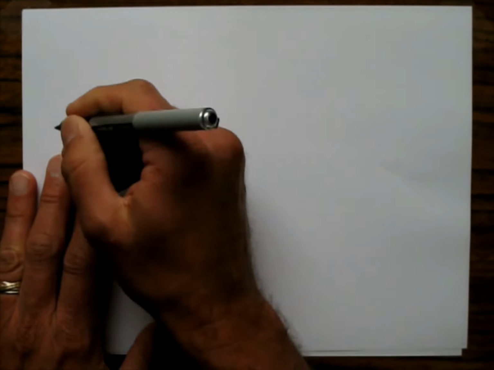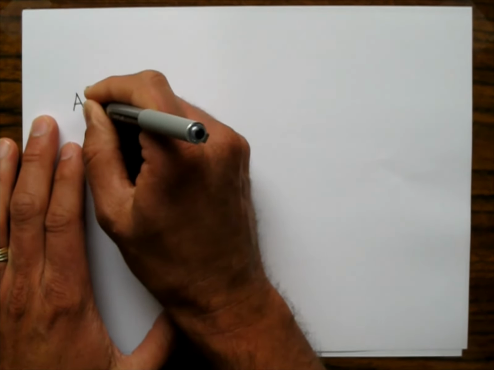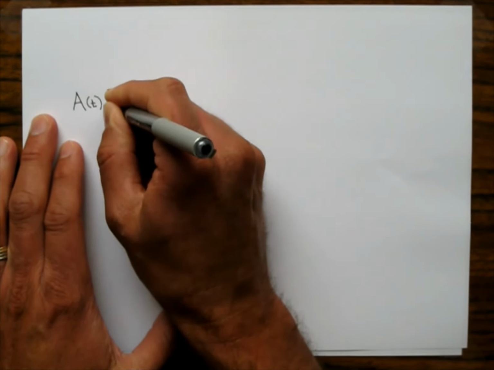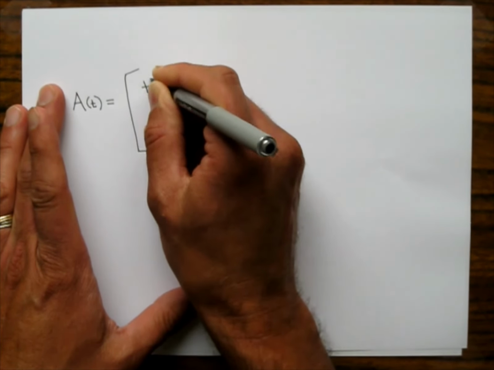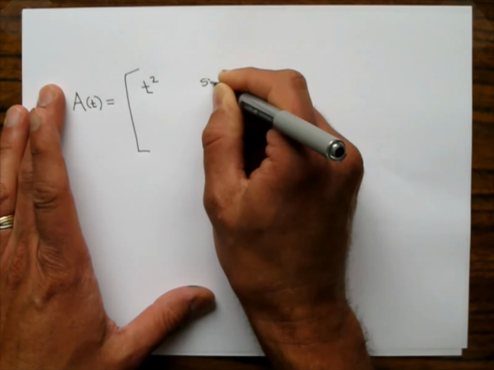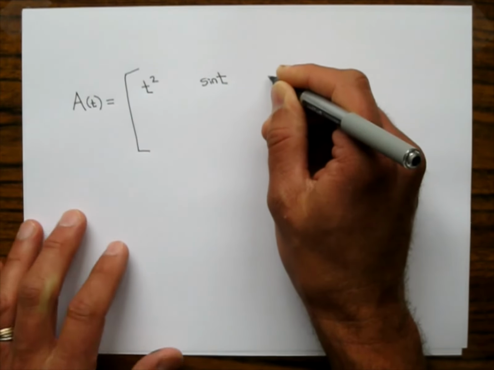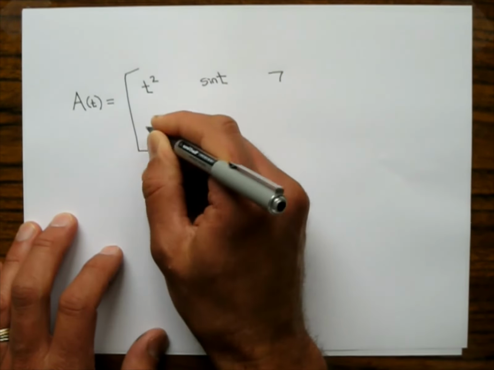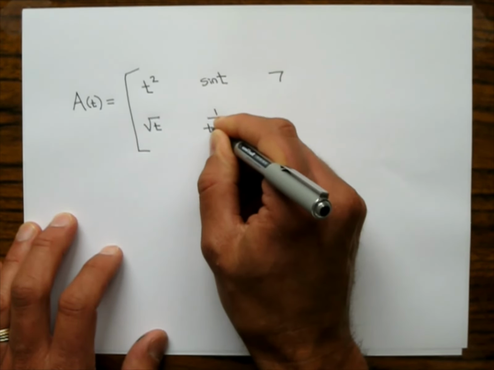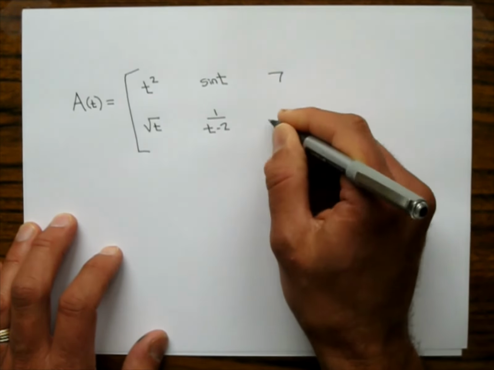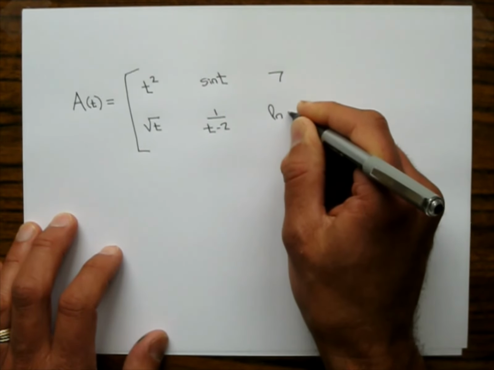So here's a matrix function. The matrix function looks like, maybe A of t equals, how about t squared, sine t, 7, square root of t, 1 over t minus 2, and then the ln of t.